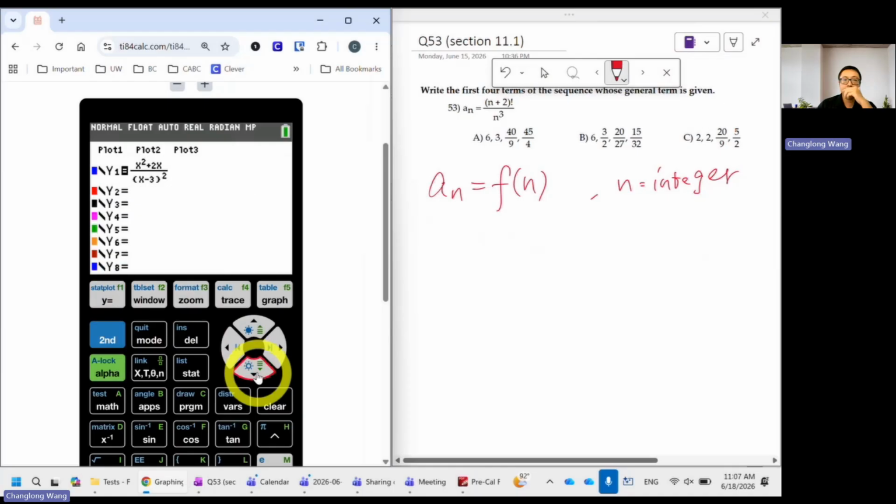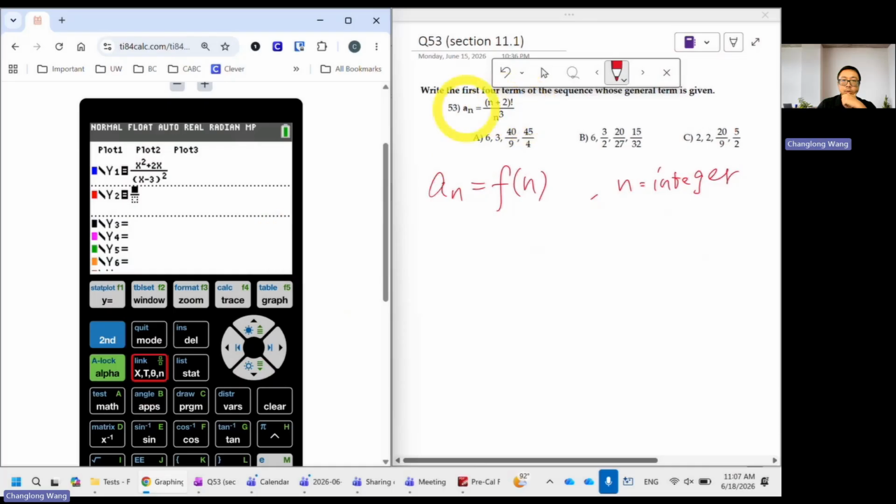So let me do n plus 2 factorial divided by n to the third. But since the function doesn't care what variable you call the input, if you can find an n and do it that way, you could. But I don't think the TI is going to take the n as a variable for a function. So you can do x. Just don't put in 1.5 for x, right? Just take integers.